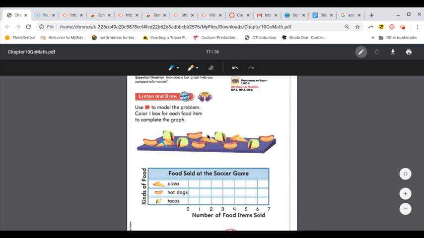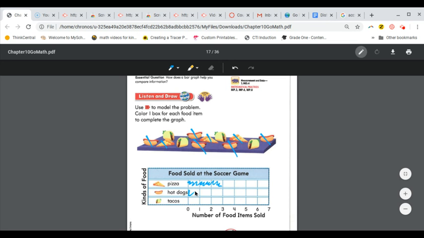1, 2, 3. So Dan sold 1, 2, 3 slices of pizza. Now we're going to count our hot dogs. 1, 2, 3, 4, 5 hot dogs.